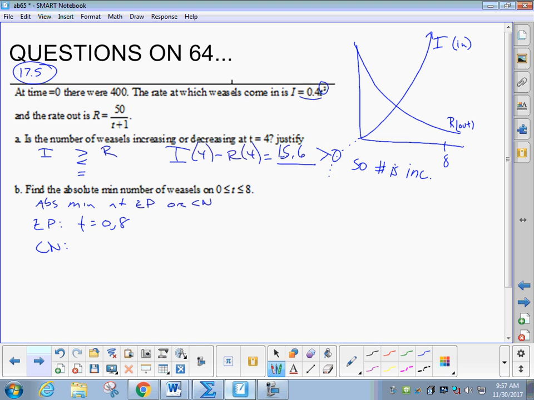How many critical numbers and where are they? There is but one critical number, yeah? Isn't the general critical number where the rate of change is 0? And in this case, what's the combined rate of change? Yeah, in minus out equals 0 at time, I think it was 3.119.